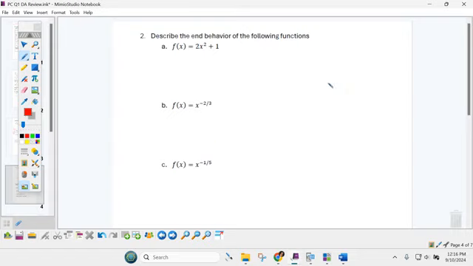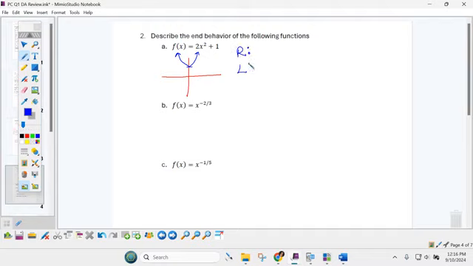Okay. Describe the end behavior of the following functions. 2x squared plus 1. So I could use my knowledge of parabolas and transformations, up 1, vertical dilation of 2, and I get this parabola shape.